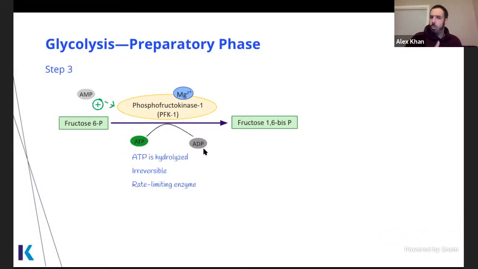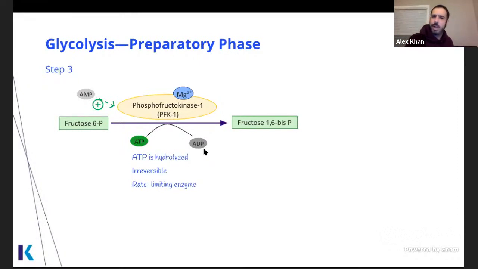Well, why would we want to go through this process? We want to go through this process when we're low on energy. And AMP is missing phosphates. ATP is how energy is stored in the body. That's like our energy stores in the short term, not our long-term stores, but ATP is how we deliver energy to the places that need it in the body.